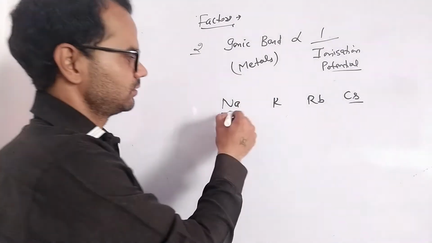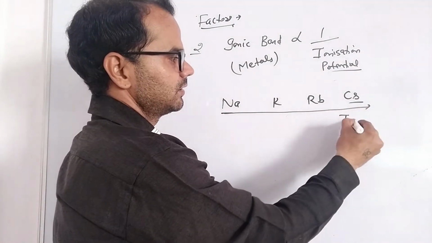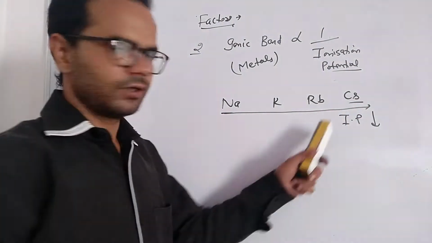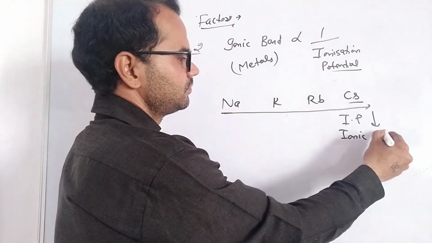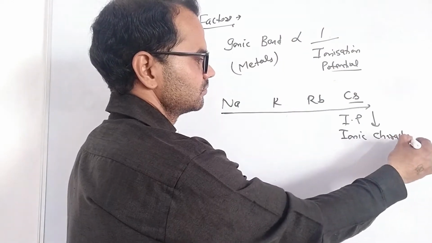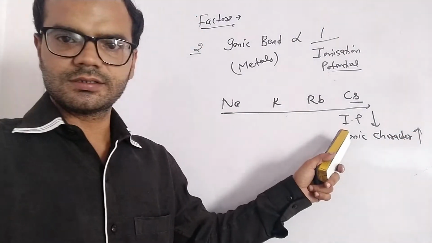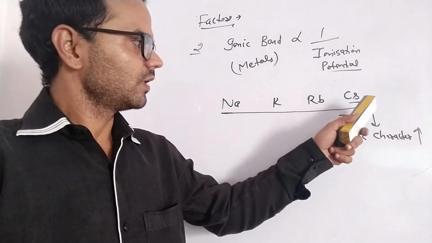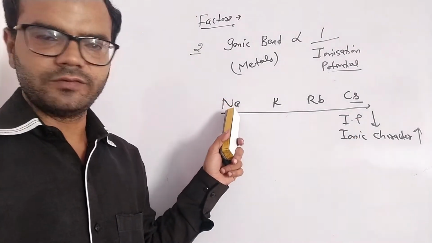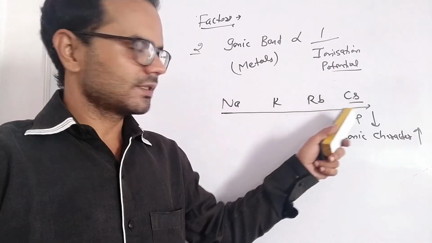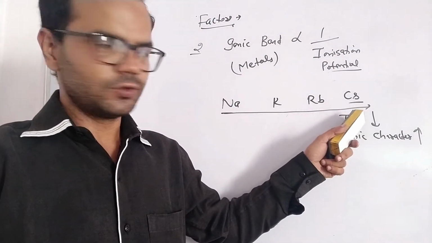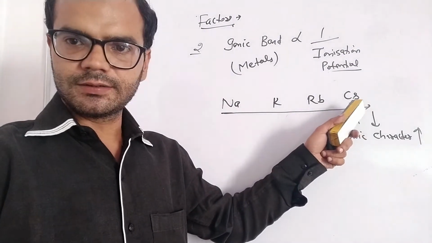Down the group, ionization energy or ionization potential decreases, ionic character increases. Cesium compounds are more ionic than sodium. Why? Because it can lose electrons easily. It requires the least amount of energy to remove the valence electrons.